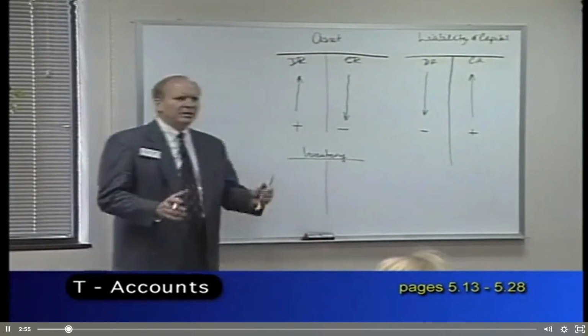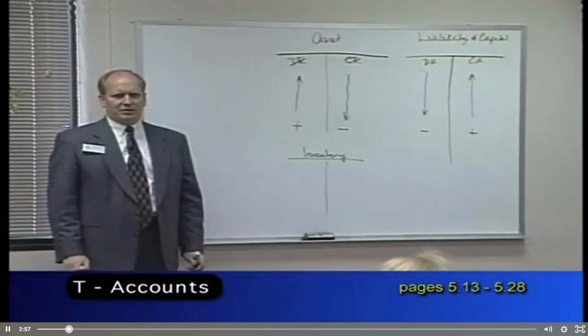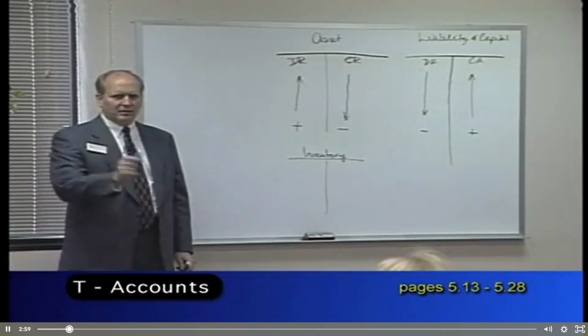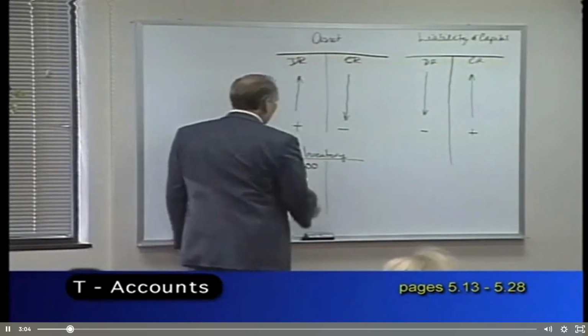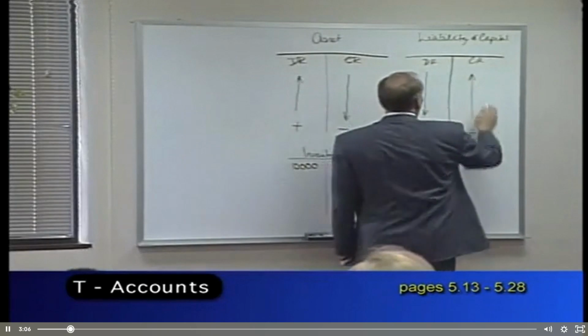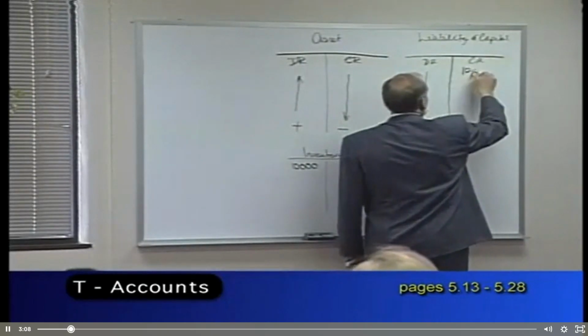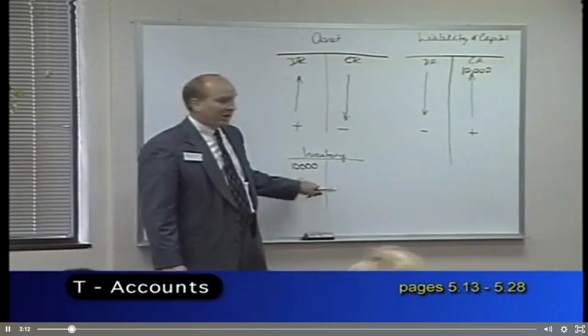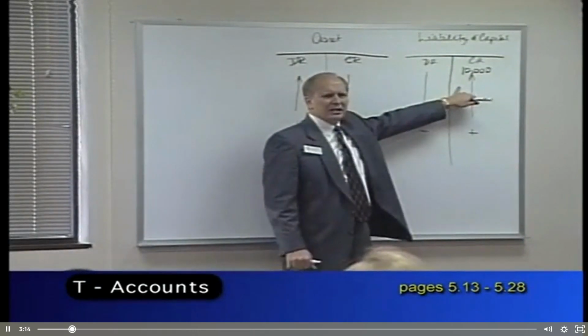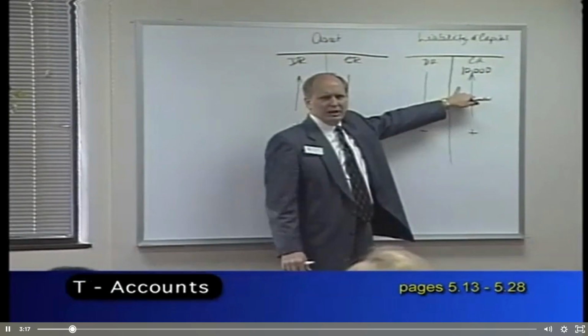What are we going to debit and what are we going to credit in that entry? Debit inventory, $10,000. Okay. And we're going to credit accounts payable, $10,000, right? Okay. Thereby increasing inventory, correct?